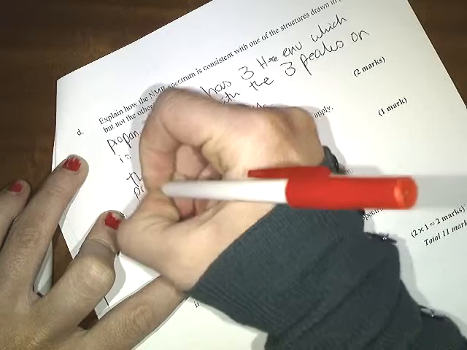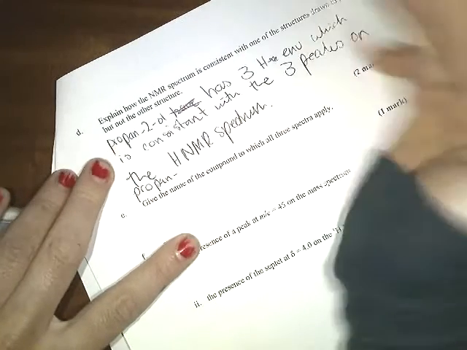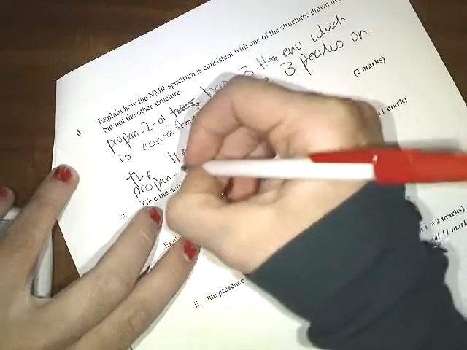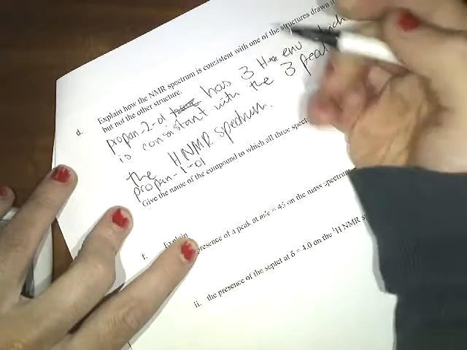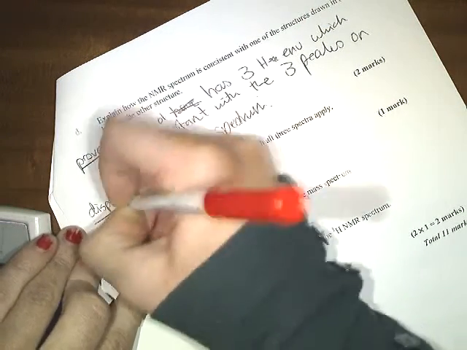And then you just say, because propan-1-ol could also have 3 hydrogen environments, therefore you'd need more evidence. For propan-1-ol, you have to also disprove the other one. So you have to prove this one and disprove.